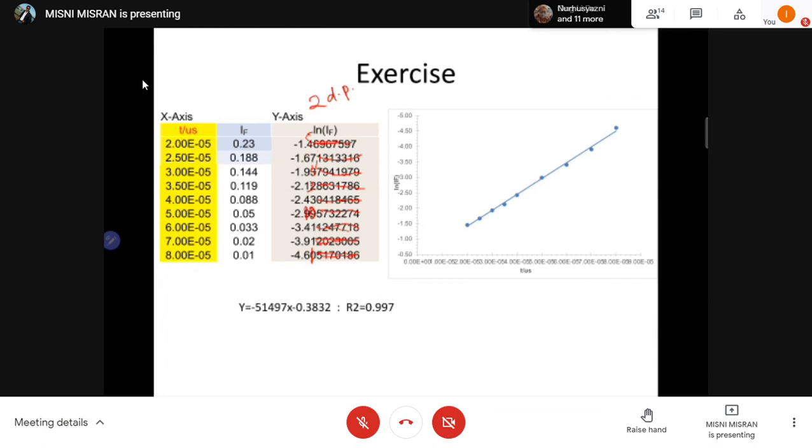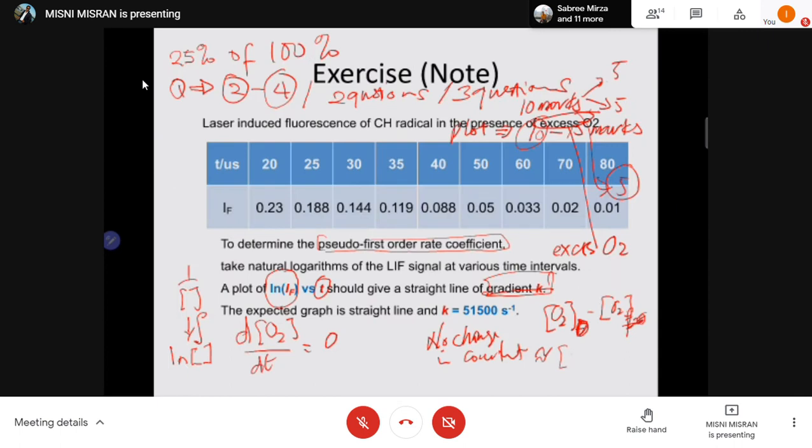So you are given this value. What I did was, this one, remember, is microsecond. So 20 times 10 to the power minus 6 second.